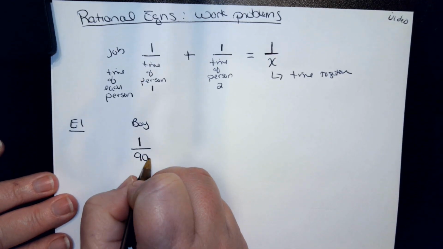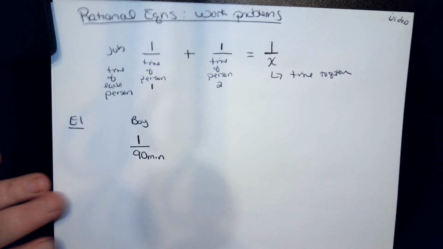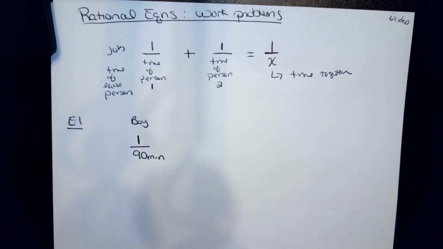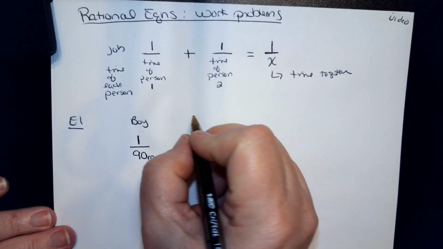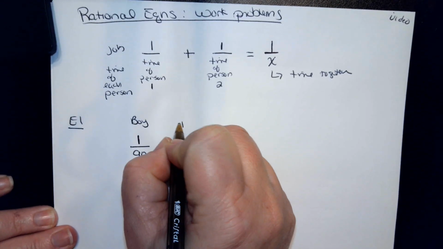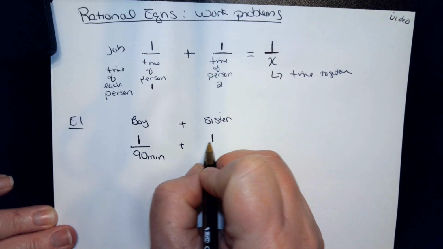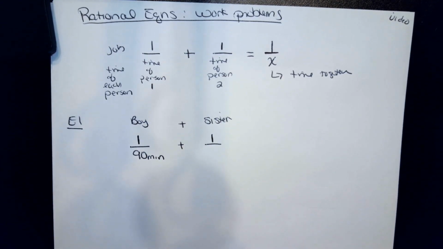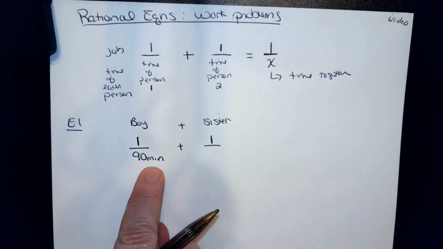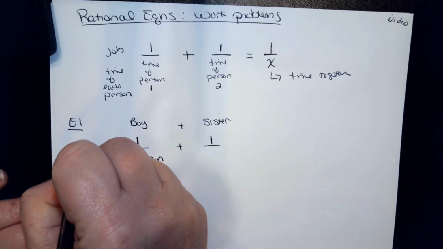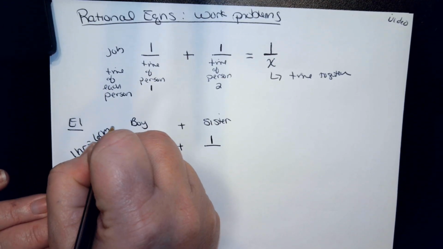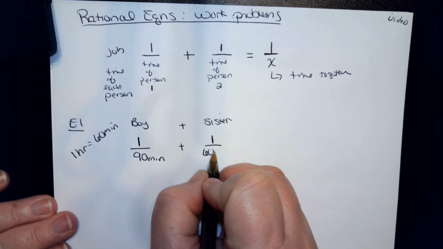But his sister can mow it in an hour. So plus the sister's time, that one job, an hour. Notice they say an hour, but we want minutes. So let's change that hour to minutes. How many minutes are in an hour? Well, we know that 1 hour is equal to 60 minutes. So we're going to put a 60 right here.